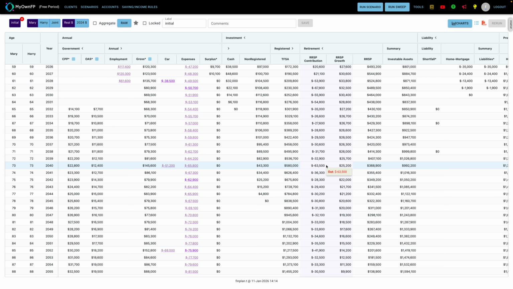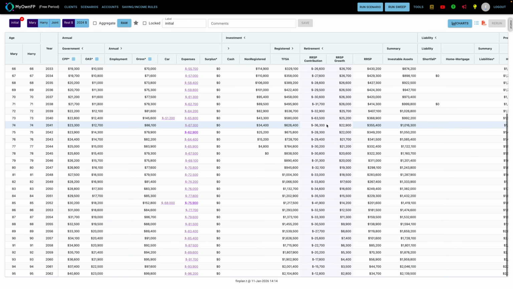You can tell the car expense. If you wanted to not take it out of your RSP, you could take it out of cash, non-registered, your TFSA, or a line of credit. In this default plan we didn't bother doing that, so you'll see little spikes every 12 years. You can, obviously, adjust that to what you want.